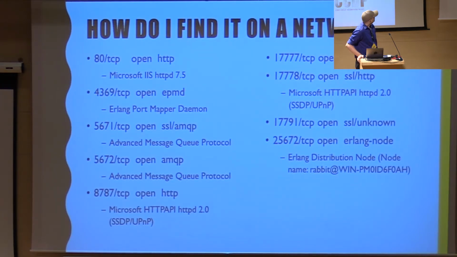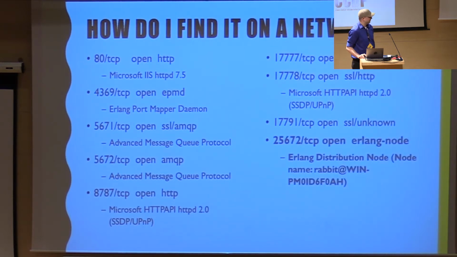So anyone notice anything interesting in that list? Anything fun? Erlang distributed node. Correct. Anyone know what that can do? Connects you to the cluster. What can a cluster do?